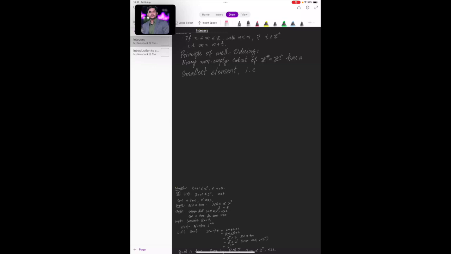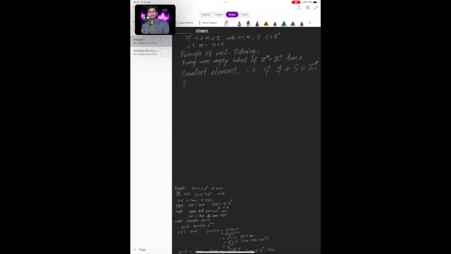i.e., if S is not equal to phi, if S is not an empty set, then it is a subset of Z hash.